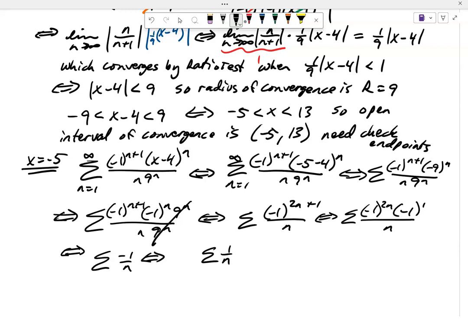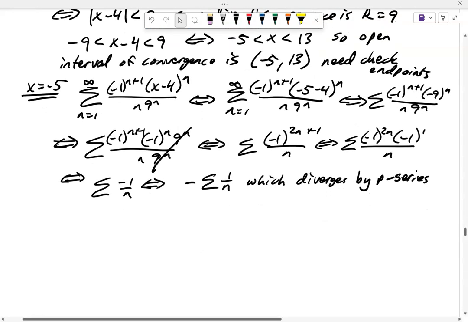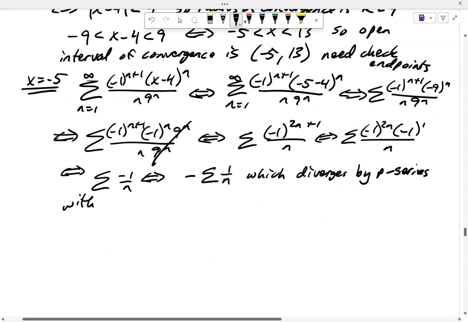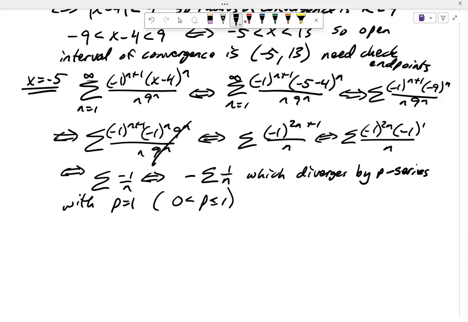And so we can use the p-series, one over n to the p. So it diverges at -5 by the p-series.